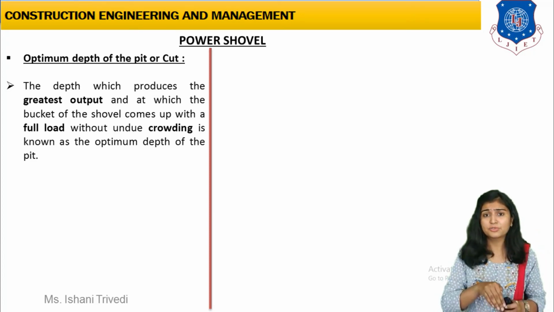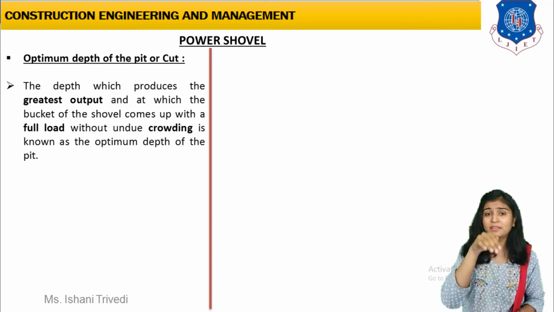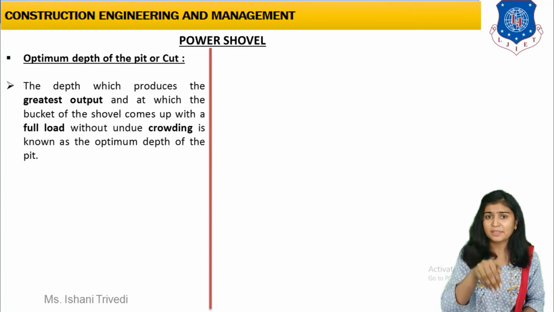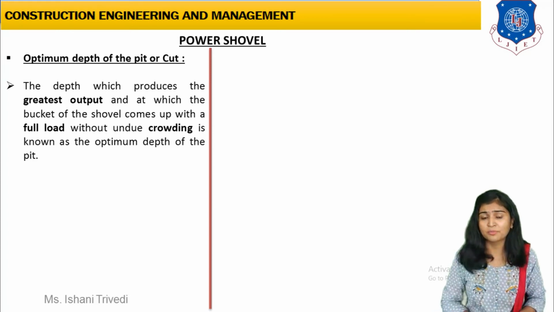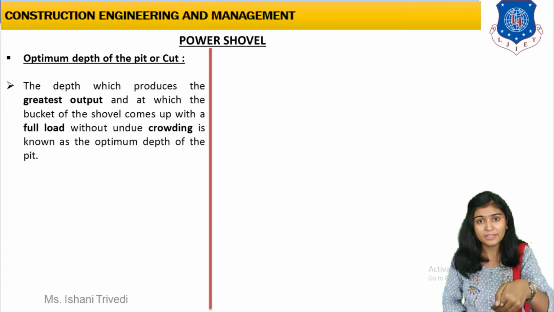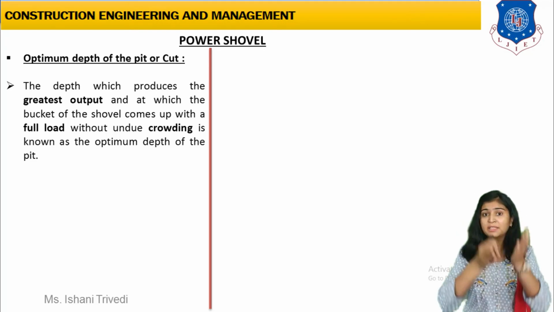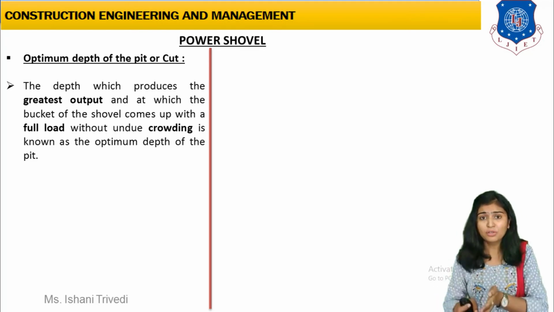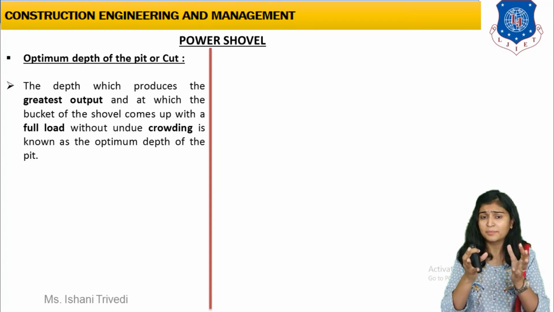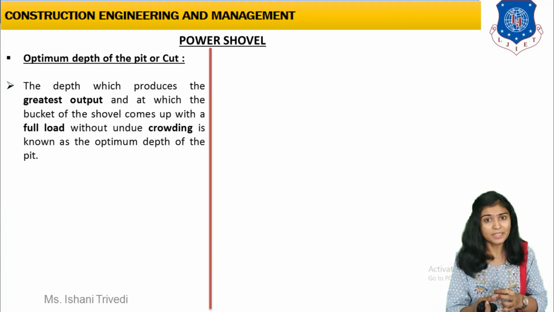So meaning it tries to say that for one full collection, when the soil loading becomes full inside the dipper, the depth which produces the greatest output, meaning when you get the full loading of the bucket without any undue crowding, meaning it is a full load capacity where you are not forcefully filling up more soil, right?